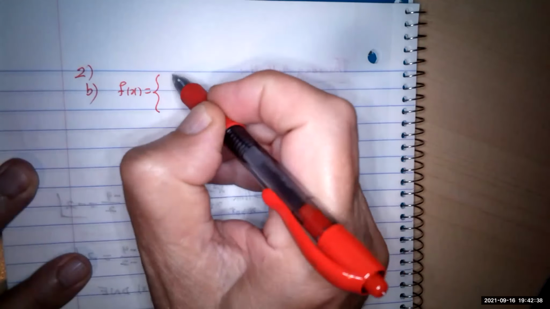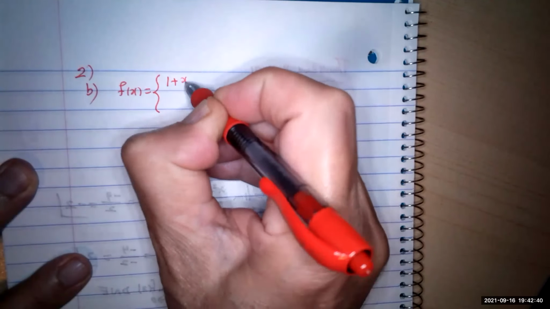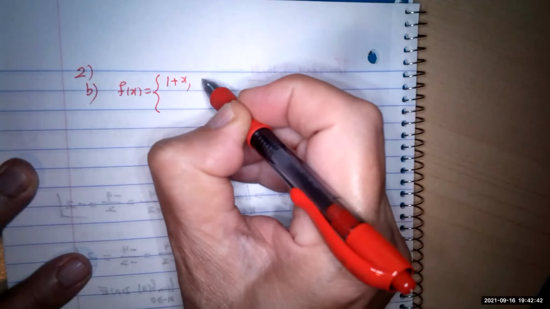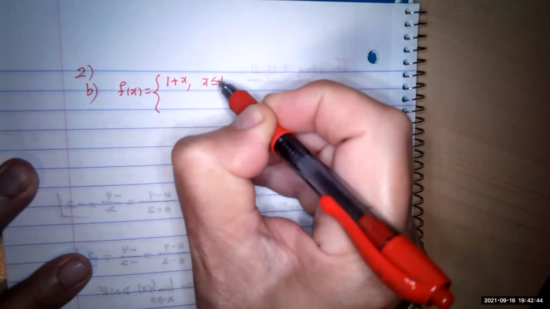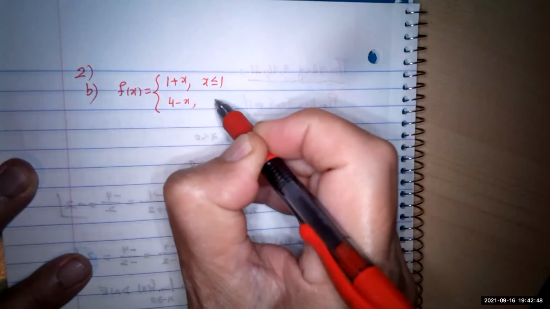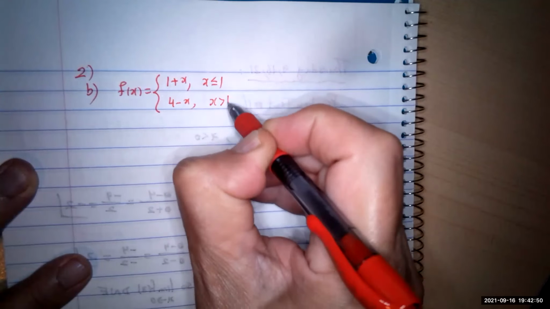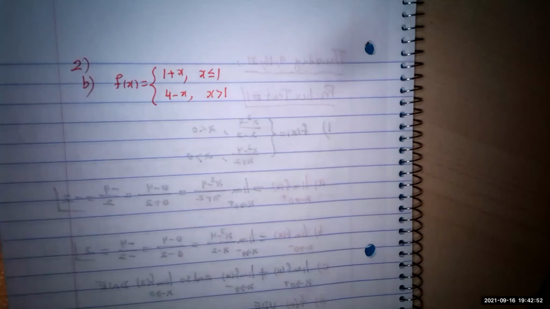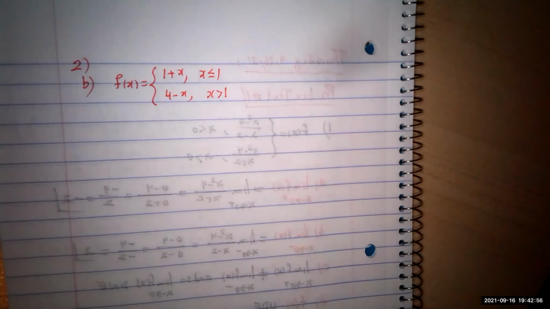This is your function. It's 1 plus x, x less than or equal to 1, and 4 minus x when x is greater than 1. They ask you to sketch the graph of this function first, and this time they ask where this function is going to be continuous. It's like finding the limit that we did for the quiz.